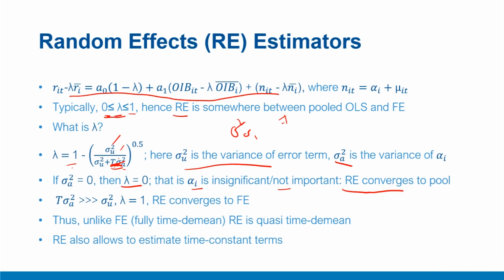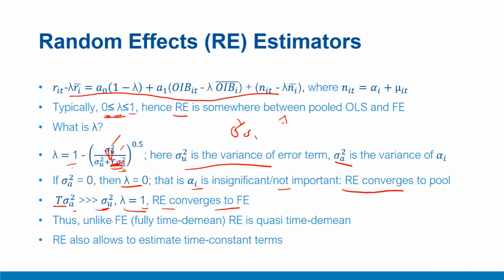Similarly, if relative to the error variance, the variance of this unobserved heterogeneity is quite large, and therefore T times sigma alpha square is quite large as compared to sigma square mu, then this term is 0 and lambda becomes 1. Asymptotically, as this term goes to 0, lambda becomes 1, and then random effects converges to fixed effect.